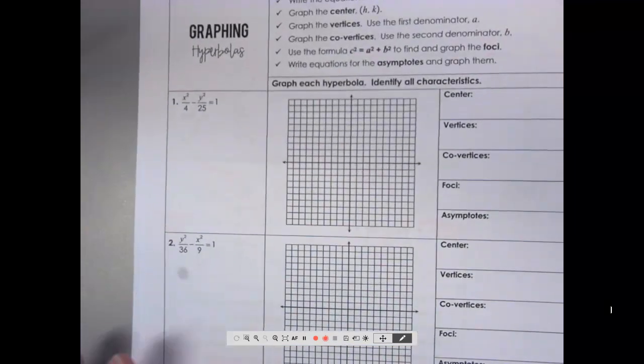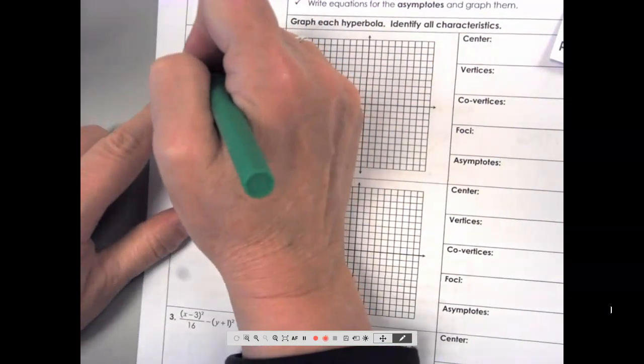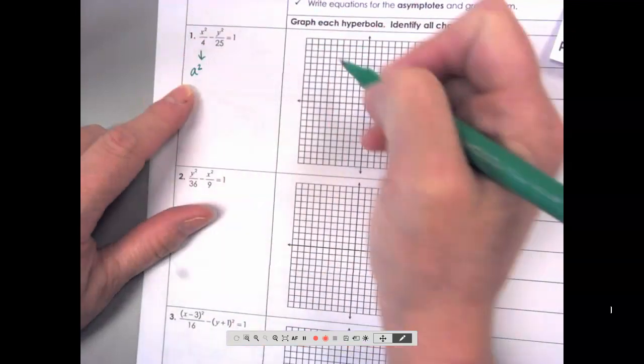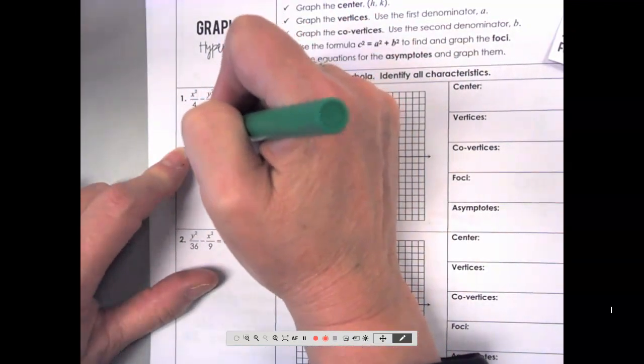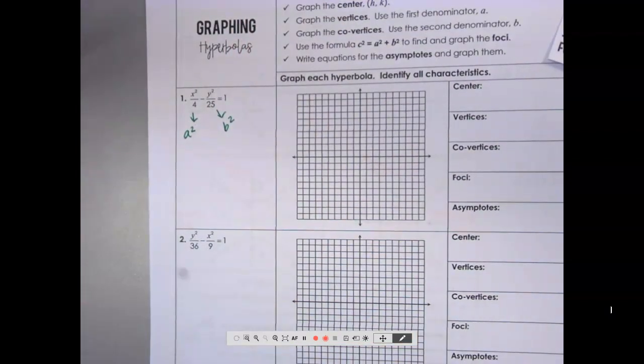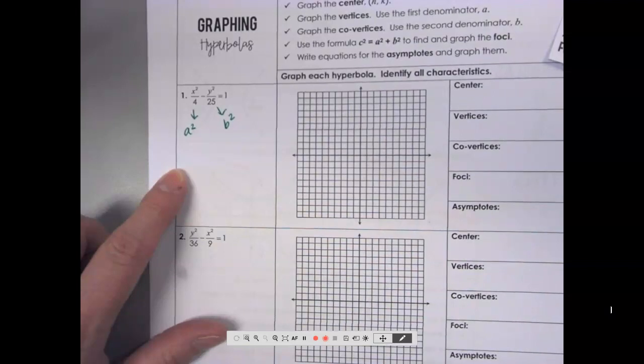All right. So, underneath the positive term is your a squared. Underneath the negative term is your b squared. Now, this is sometimes different from ellipse because with ellipse we said a squared is always the biggest. In this case, a squared is always the positive denominator.